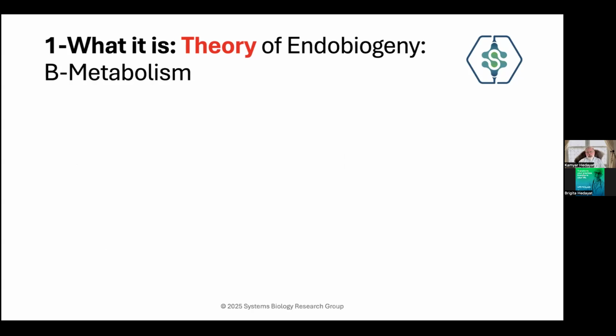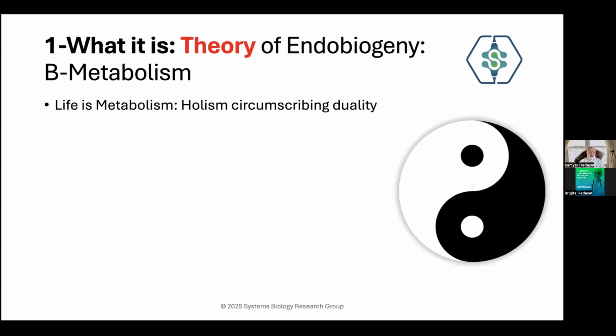Well, let's return to the theory of endobiogeny and start to talk about the core concepts. So metabolism is key to this concept of what endobiogeny is. When we think about life, it can be encapsulated in the concept of metabolism. And metabolism is holism, which is circumscribing a duality.